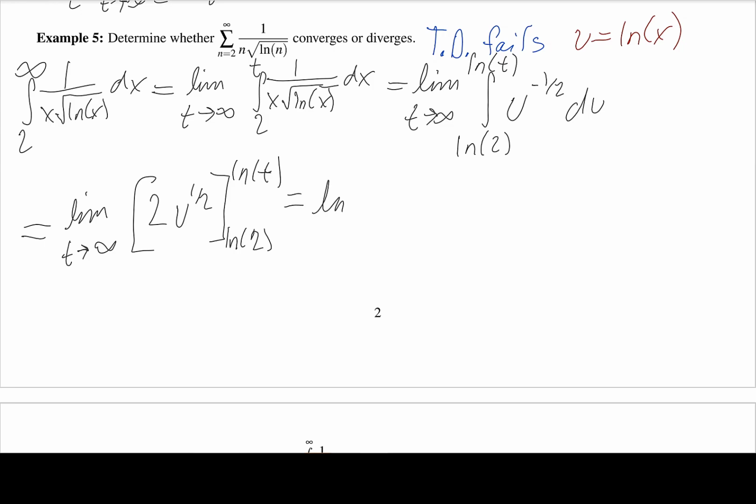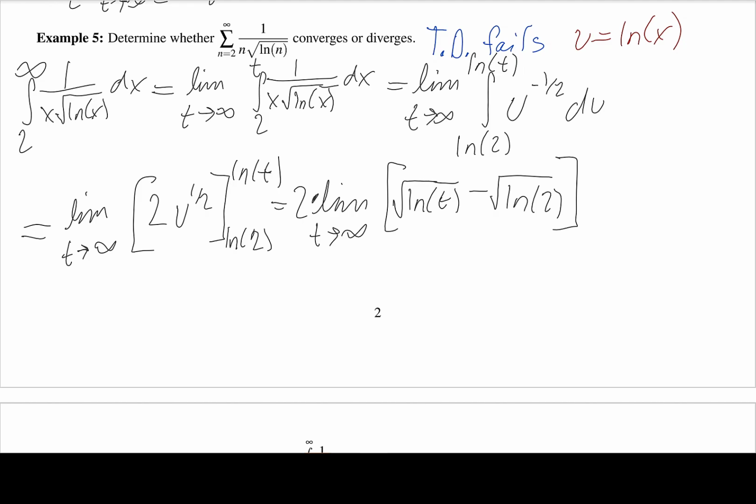So this is the limit as t goes to infinity of, I'm going to go ahead and actually pull this 2 out. This is 2 times this limit. And we'll have the square root of ln of t minus the square root of ln of 2.